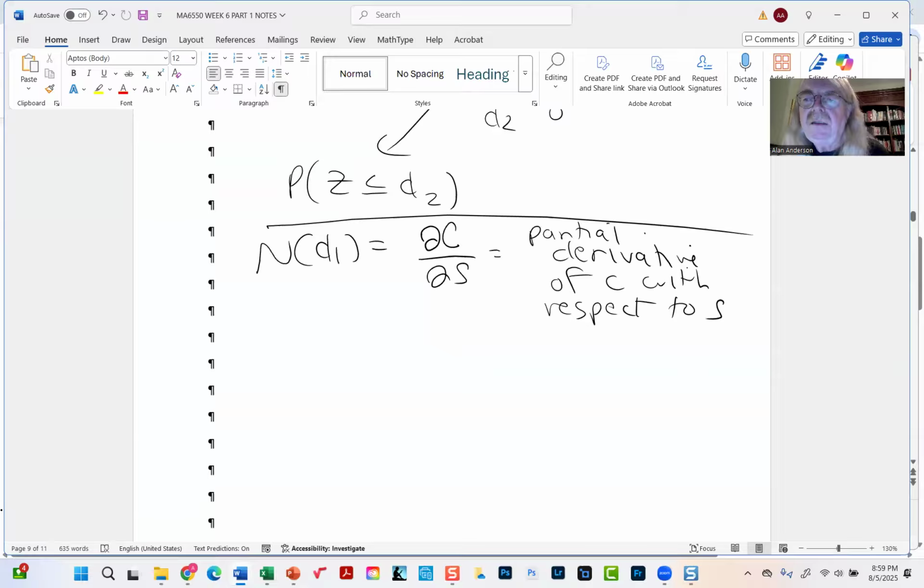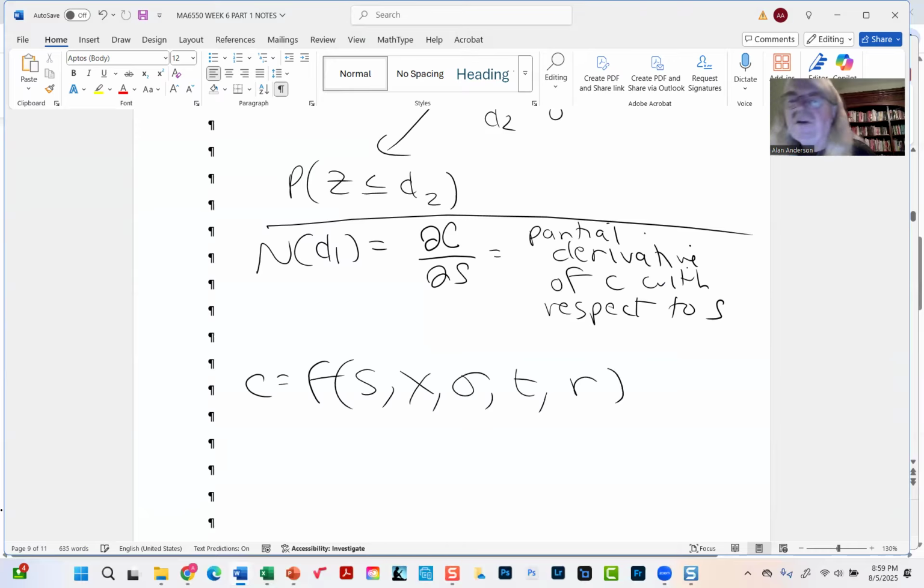Now, the reason it needs to be a partial derivative is because the option's price is based on the stock price or asset price, the strike price, the volatility, the time to maturity, and the R. So when we calculate this, we're holding all the other variables constant.